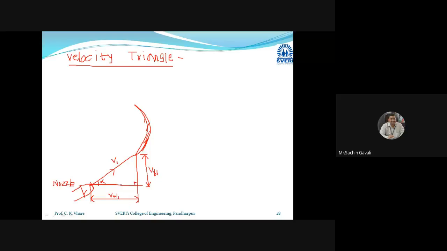When this velocity impacts the blade or vane, the blade is also moving with some velocity in the tangential direction, meaning horizontal. Let us consider it is moving with U1.